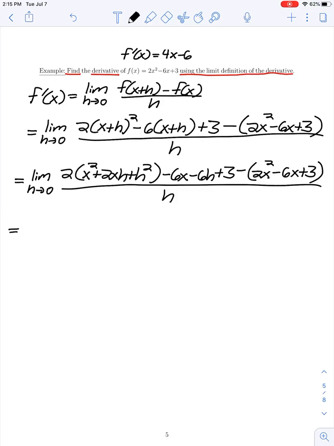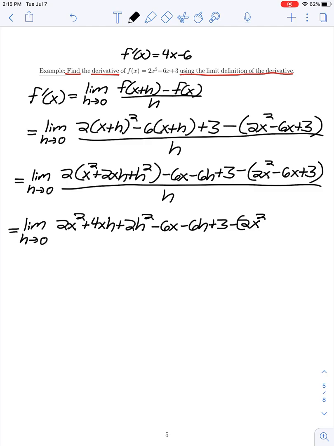So now we have the limit as h approaches 0 of, in the numerator, if we distribute the constant 2, we have 2x squared plus 4xh plus 2h squared minus 6x minus 6h plus 3 minus 2x squared minus 6x plus 3 on the end. The whole thing is still being divided by h.